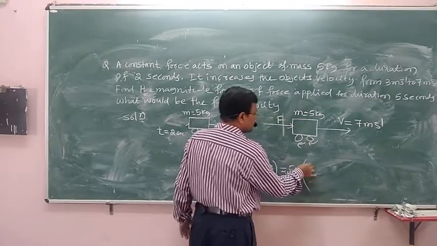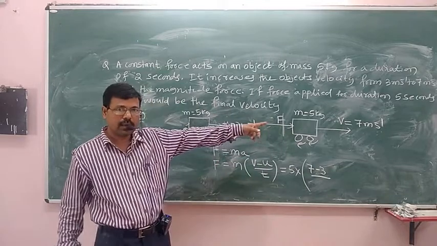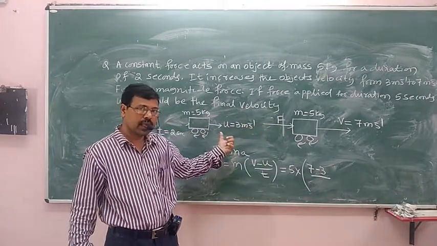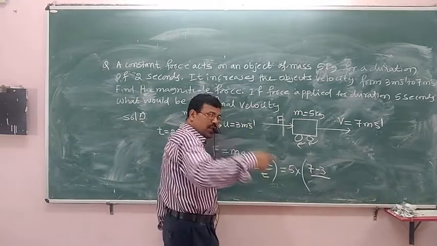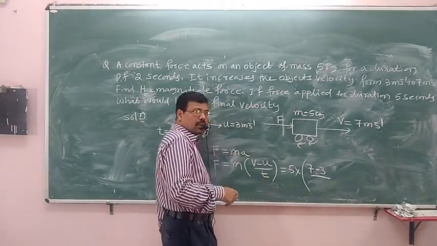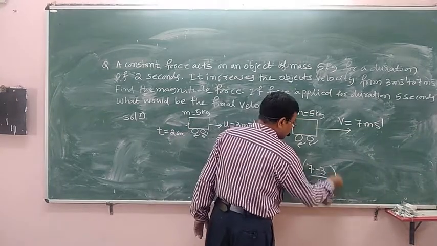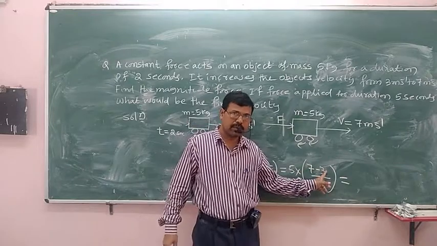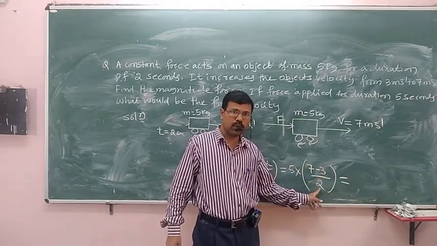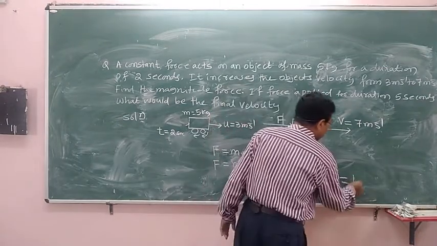Change in velocity is 7 minus 3, 7 final, 3 initial. That change in velocity occurred during the time of 2 seconds. So 7 minus 3 is 4, 4 by 2 is 2, 5 into 2 is 10 Newton.